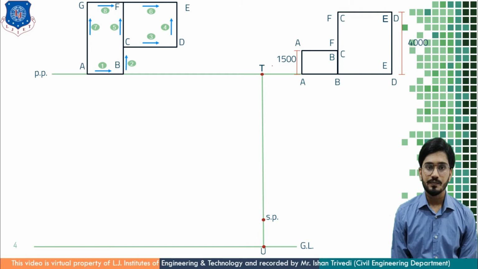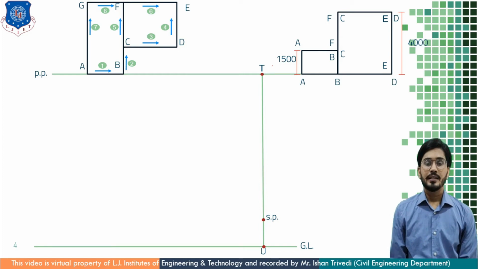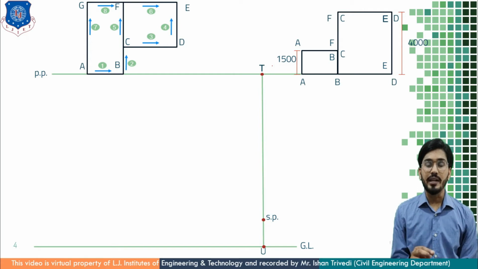The actual concept tells you here the DE line is perpendicular to the picture plane. If it is at an angle of 30, 60 or 45 degrees to the picture plane, then I will mark that angle. But here the DE line is perpendicular to the picture plane. Now what the actual concept tells us is to mark first the SP point, 12 meters from the picture plane. From the SP point, draw a line parallel to the face angle.